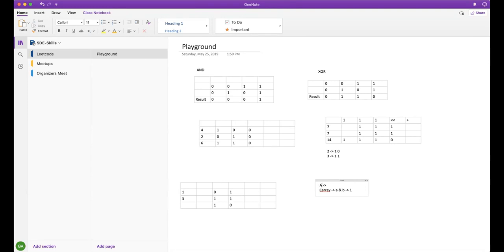Our A is 0 0 1. Our B is 0 1 1, which is 3, and we are trying to figure out a carry using A AND B, which will be 0 0 1.